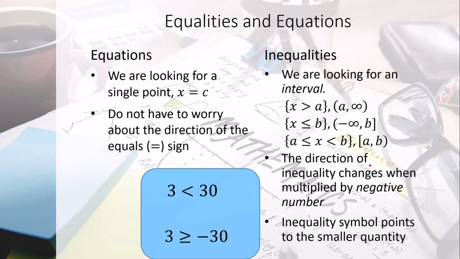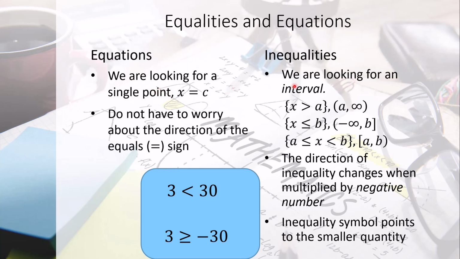Okay, so inequalities and equations have a lot of similarities. Basically, the approach is the same. We are trying to get x, or the variable, on one side of the inequality or equation, and all the other stuff on the other side. However, when we're dealing with equations, we are looking for a singular point.